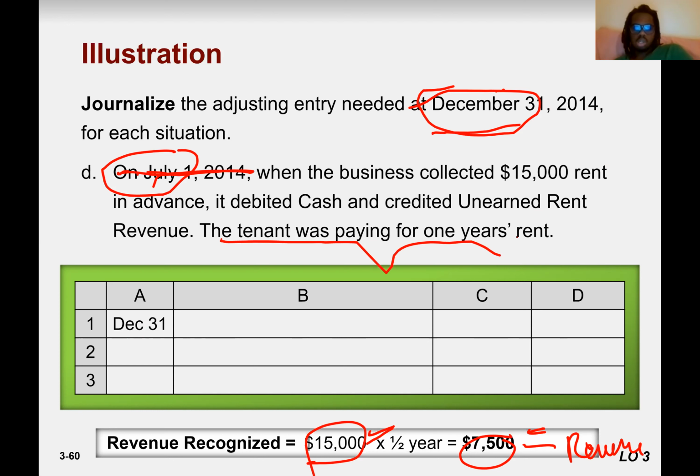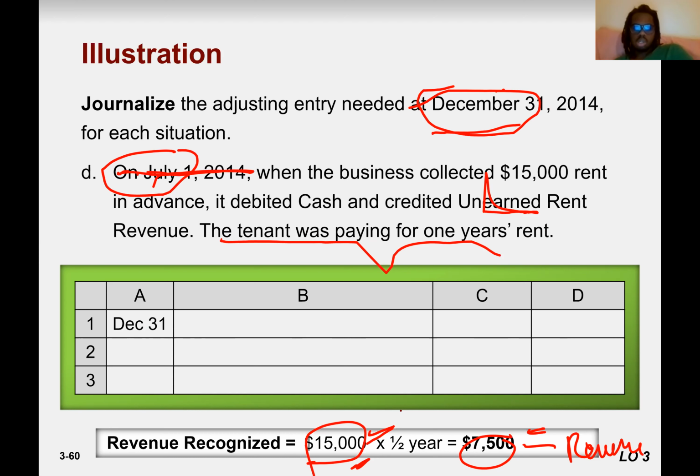Out of this unearned rent revenue, which was our liability, how much have we paid off? Half of it. Half of it we have delivered. If you convert that into a manufacturing or goods business, half of the sales we already did. So half of the liability we already paid off.